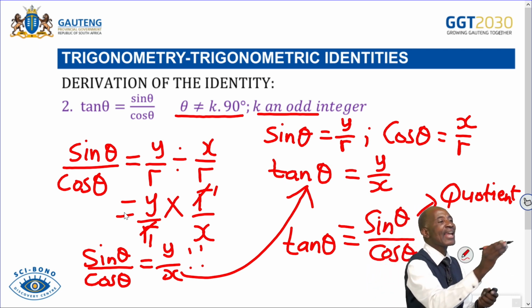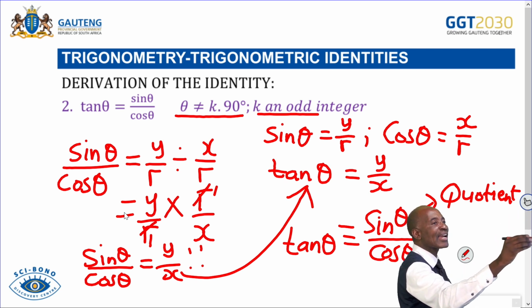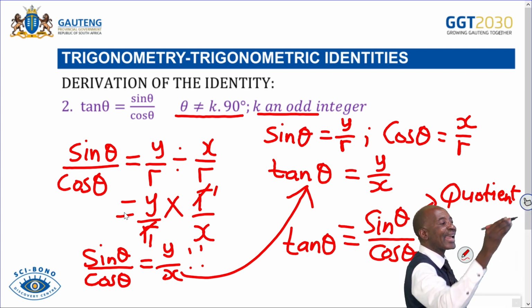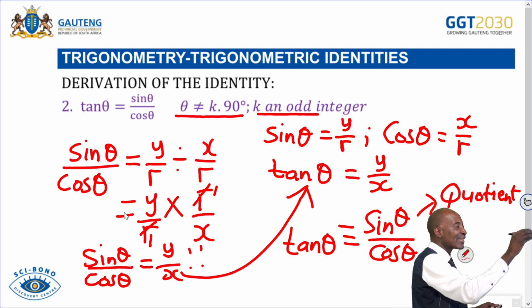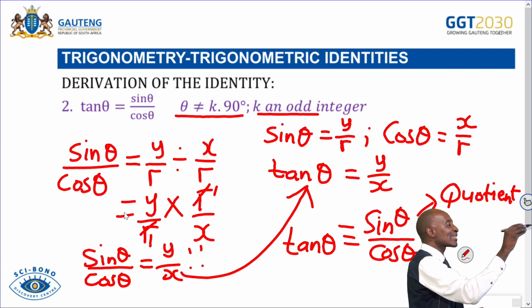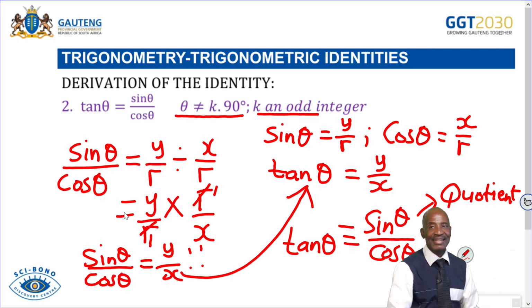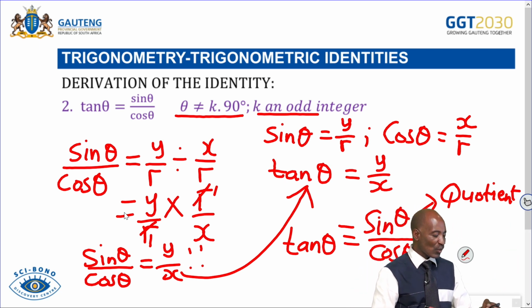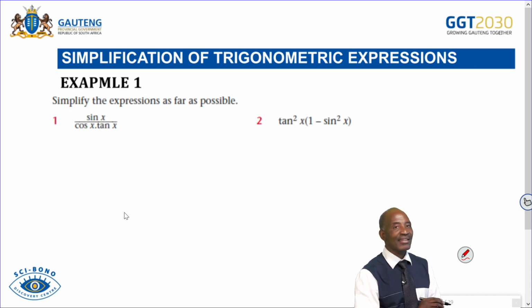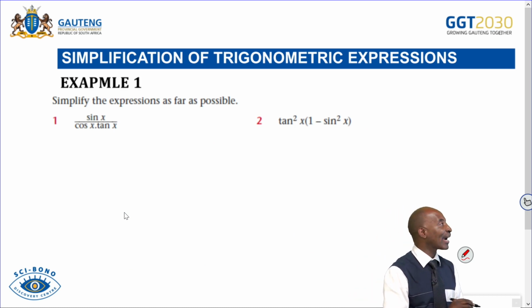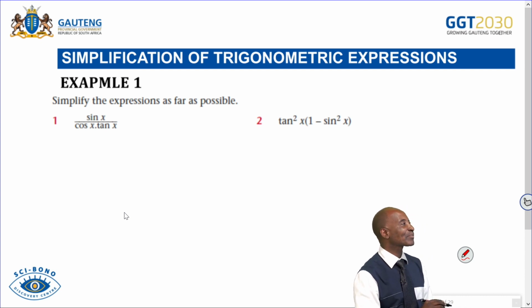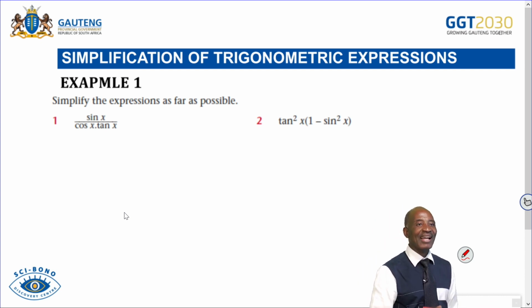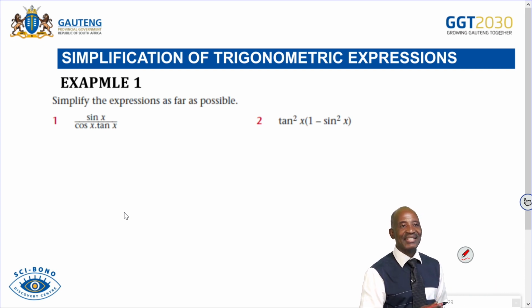By definition, our sine theta is y over r, our cos theta is x over r, and our tan theta is y over x. When you divide these two functions, sine divided by cosine, it yields y over x, which is the same as tan. That's where those two identities came from. Otherwise, we have shown each other how you can derive these identities.